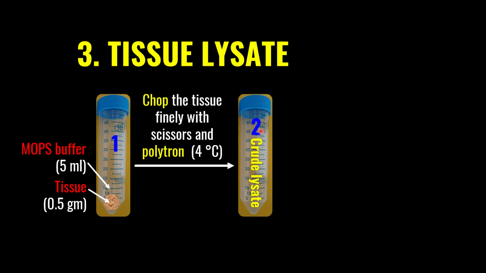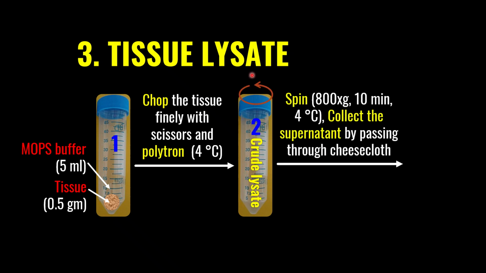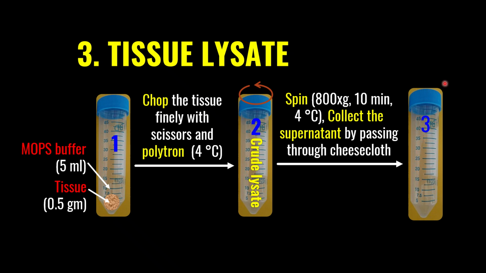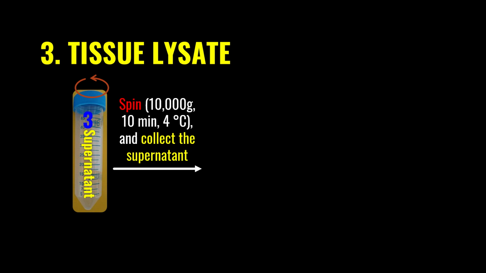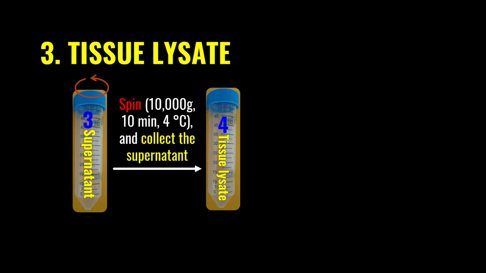So you obtain crude lysate in this tube, and in the next step you spin it at 800 G to remove cell debris and collect the supernatant by passing through cheesecloth. So this is the supernatant or crude lysate. From this tube number 3, you further clarify by removing mitochondria and nucleus by spinning at 10,000 G for 10 minutes at 4 degrees centigrade, and collect the supernatant in a new tube.